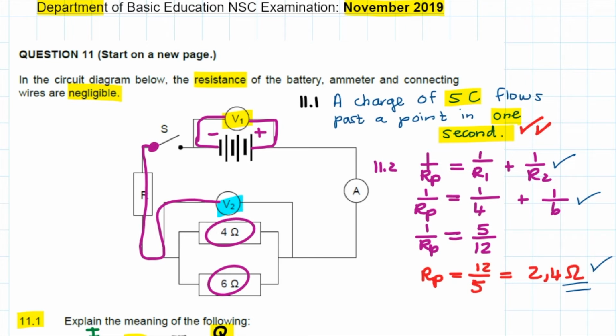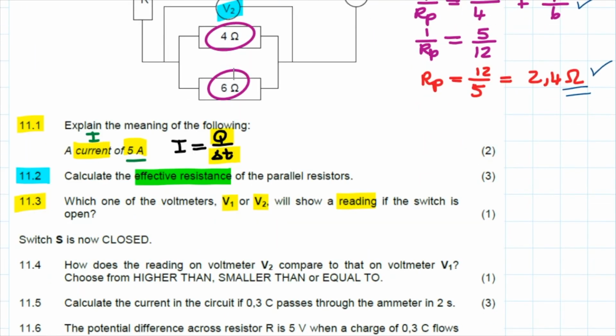So that is not connected to any part or any terminal of the battery, even though this side is connected across the positive terminal of the battery. We therefore expect that V2 is going to have a reading of 0. The answer to this question is therefore V1, and that is going to get you 1 mark.